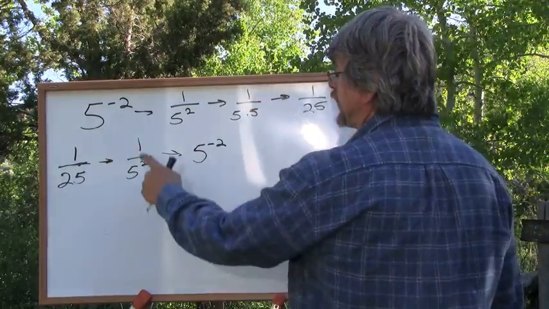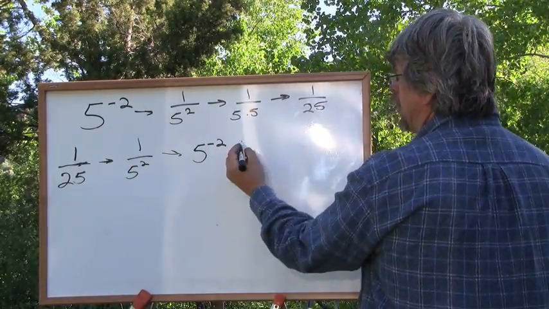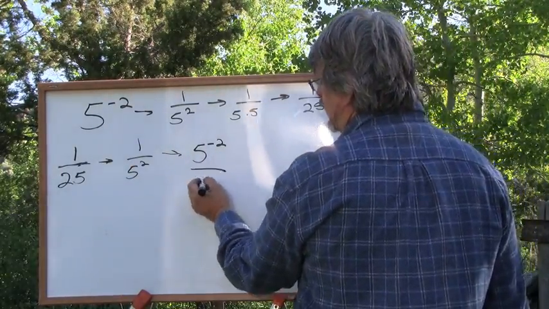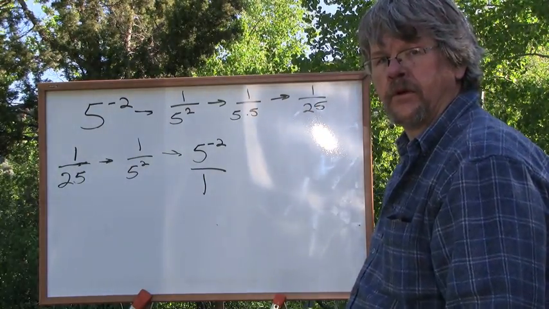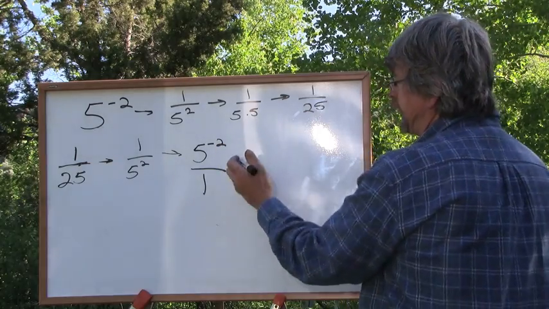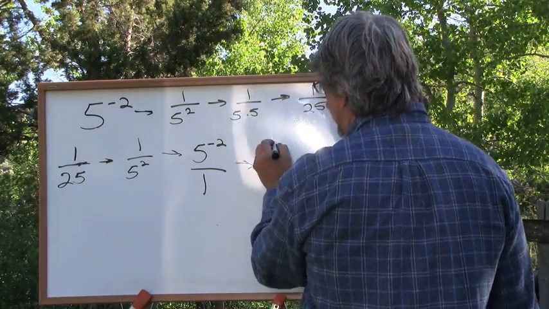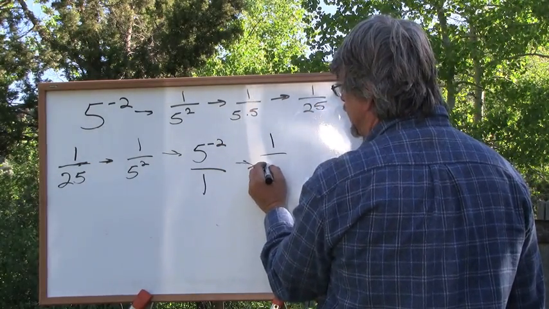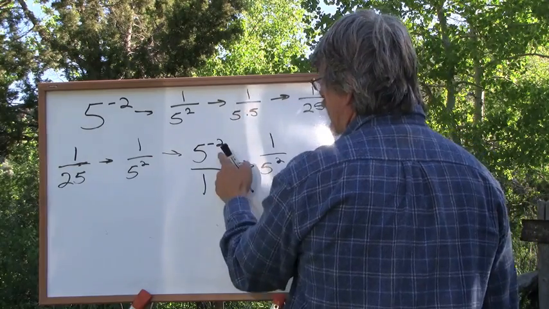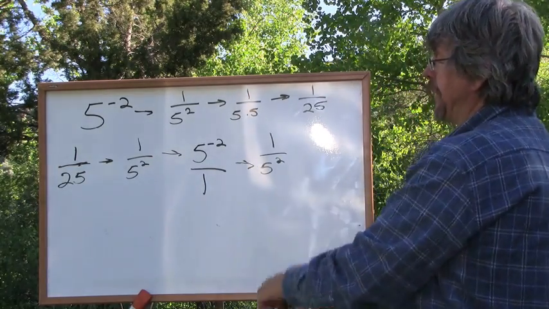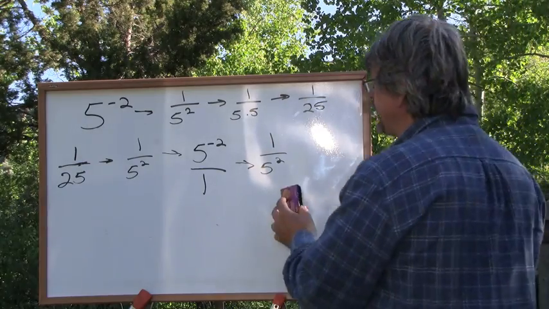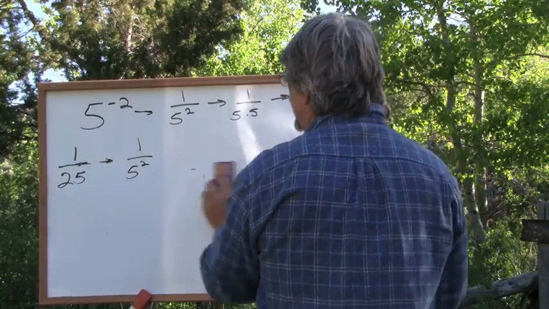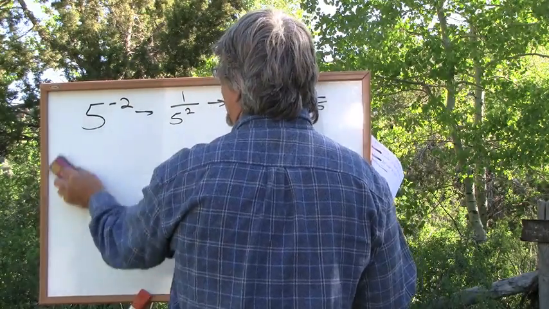Just like when it starts as a negative, technically this is 5 to the negative 2 over 1, isn't it? So if you switch this, you go 1, and this is 5 squared. It becomes a positive. You can go backwards and forwards, and this becomes very, very valuable in helping us solve equations.